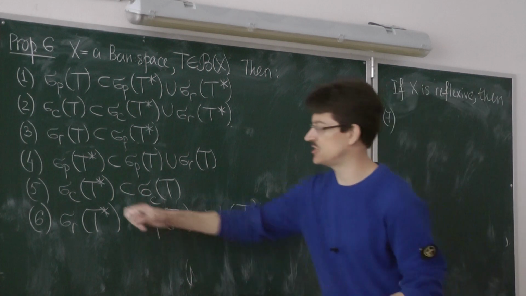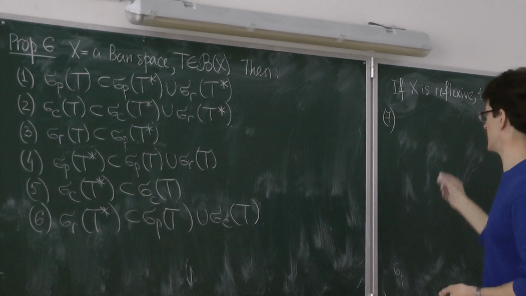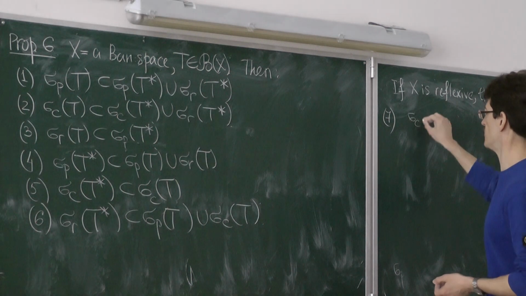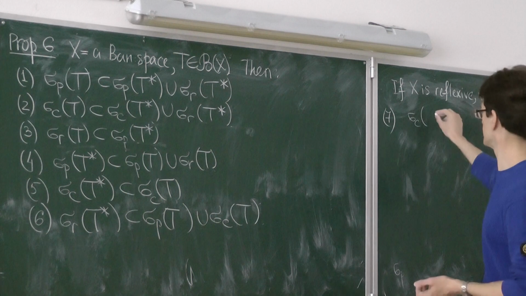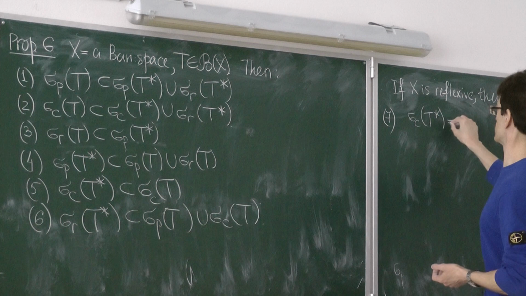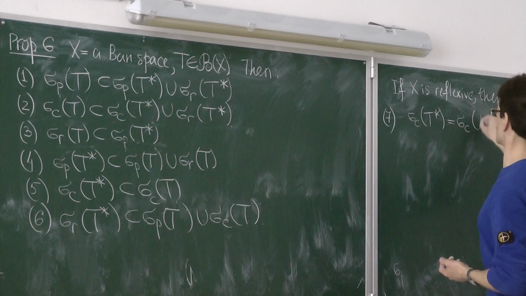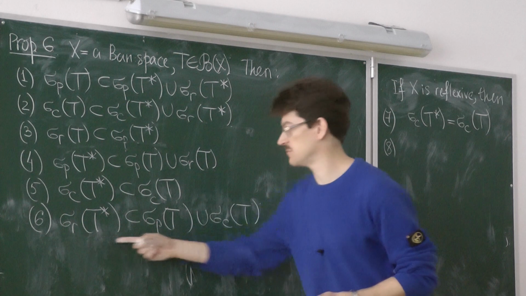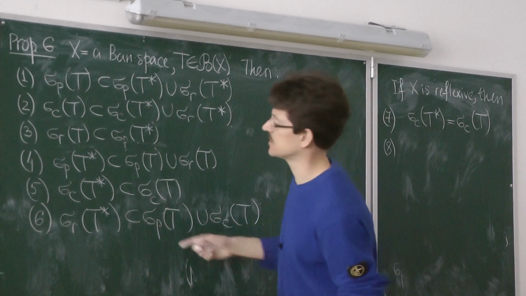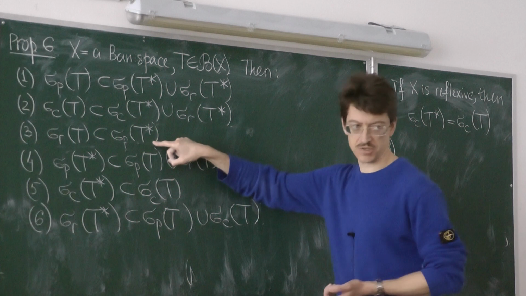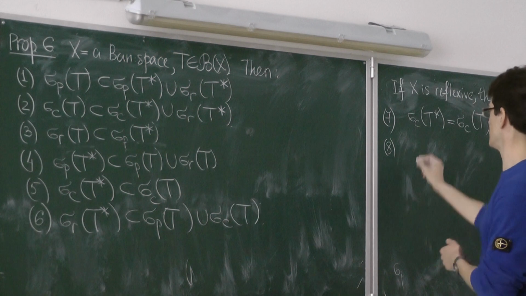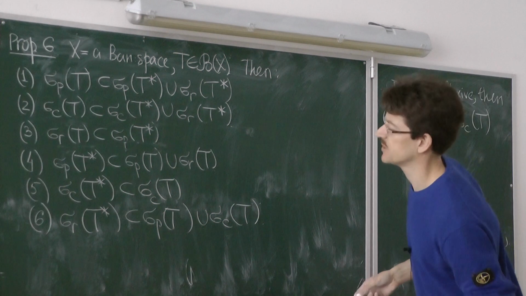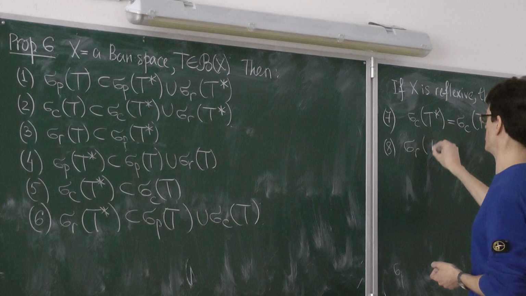And if we interchange T and T star here, we see that the continuous spectra of our operators are the same. And also, this conclusion can be simplified. We can take conclusion 3 and interchange T and T star. And we see that the residual spectrum of T star is contained in the point spectrum of T.